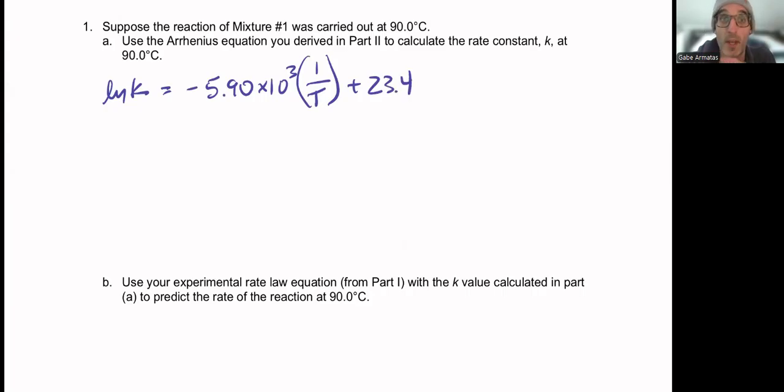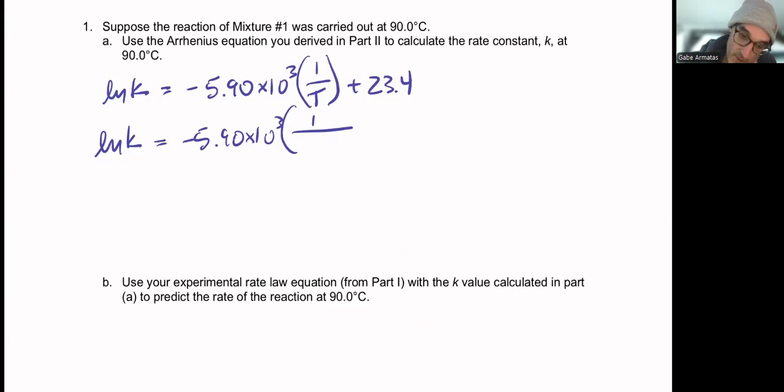There we go. Okay, so again, make sure that you have your own value in there. So I'm going to plug in the temperature. So natural log of K is equal to negative 5.90 times 10 to the third, 1 over the temperature. It was 90 degrees Celsius, which is going to be 363 Kelvin. Really important that that is in Kelvin.